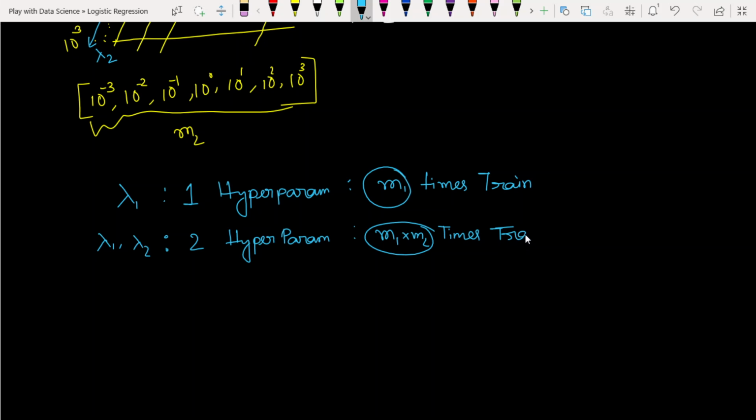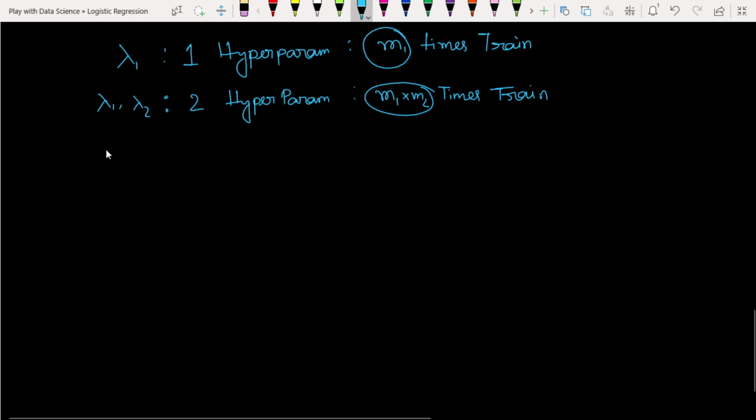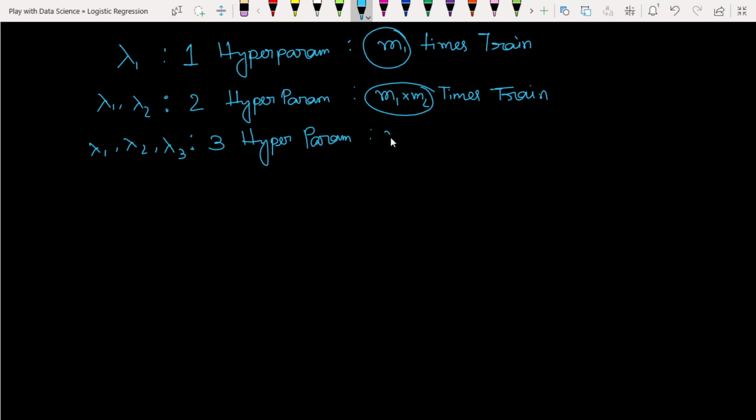Similarly, if we have 3 hyperparameters, how much time will it take? m1, m2, m3 times it will take to train our model.